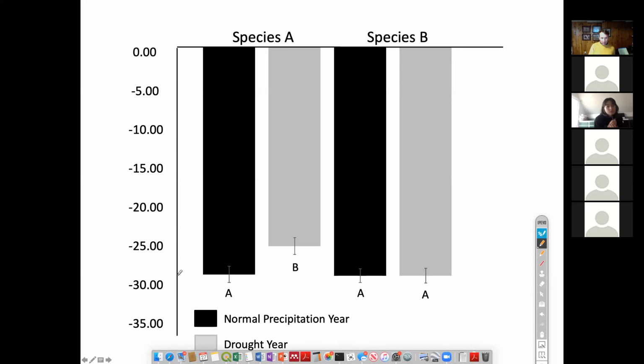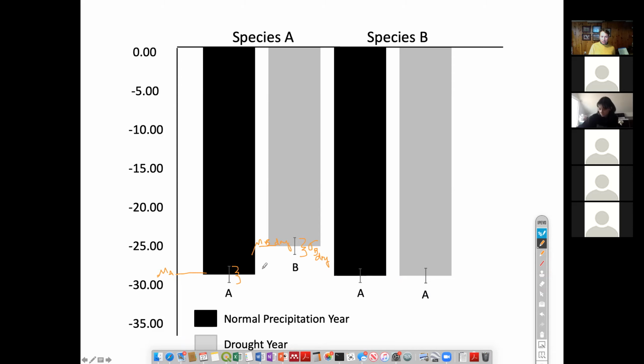So this value here would be the mean of species A during a normal year. And this is going to be mu sub B during the dry year. All right, and then we're going to have these error bars from our standard deviation. So this is sigma B dry.